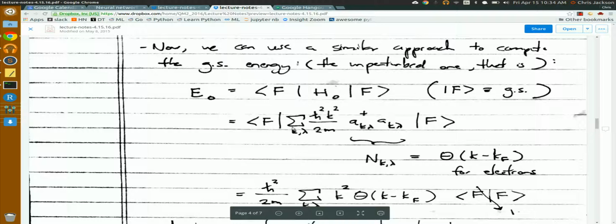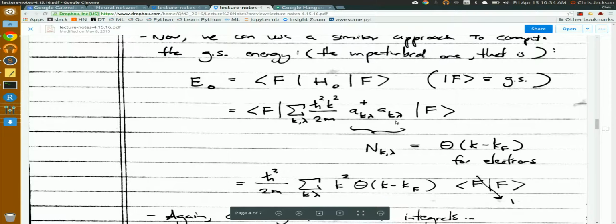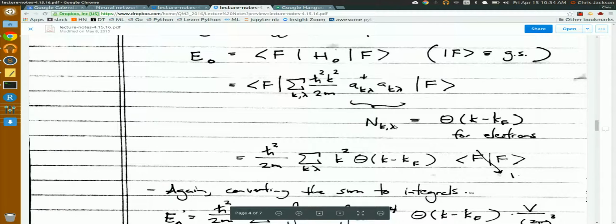And so we're going to use our second quantization form of the kinetic energy operator. And that thing is just the sum over k and lambda of our kinetic energy for some particular k and lambda. All right. And so what we're going to do is basically what we did just a minute ago in computing the Fermi wave vector or the Fermi momentum. So we want to take this guy, this is our number operator, right? And our number operator is either going to be 0 or 1, right?